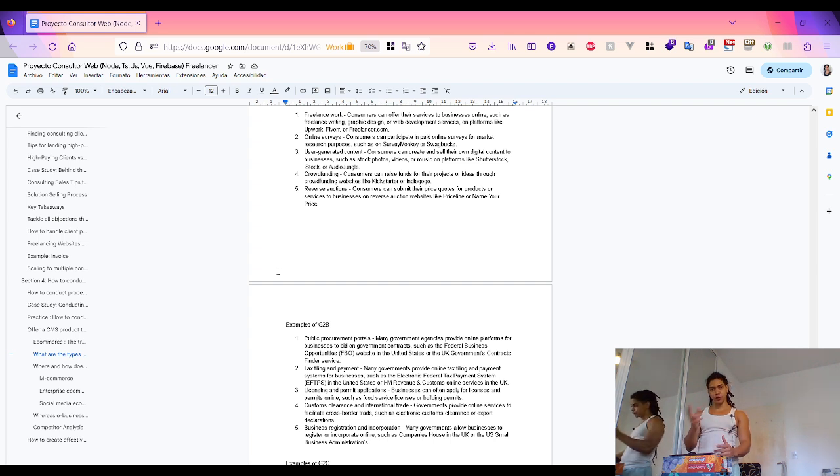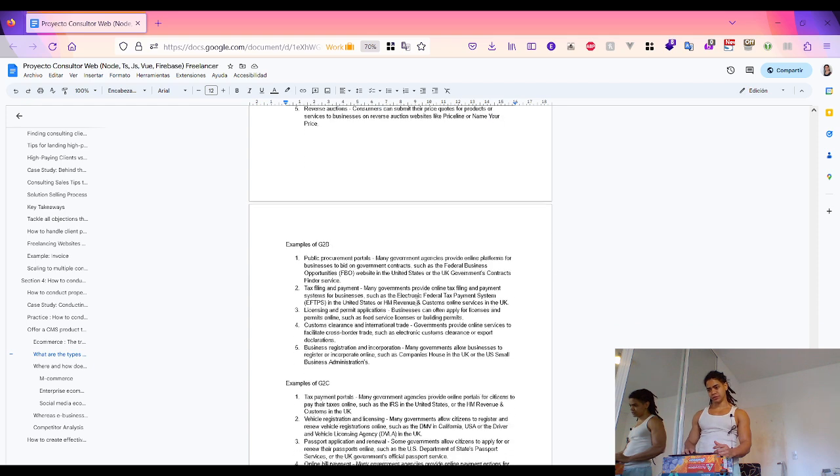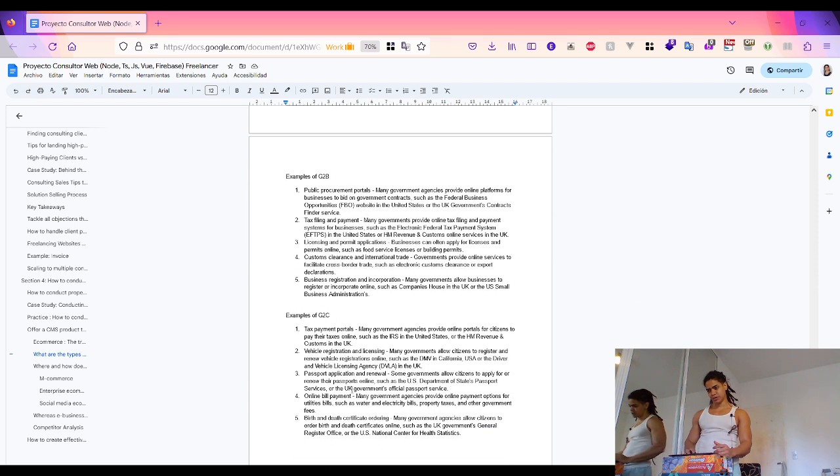Passport applications and renewal, such as the US Department of State Passport Service or the UK Government Official Passport Service.